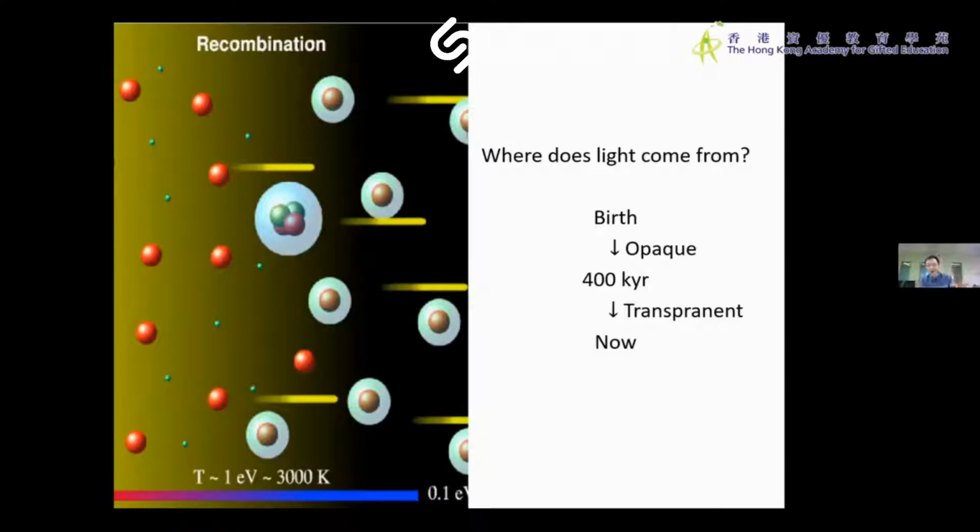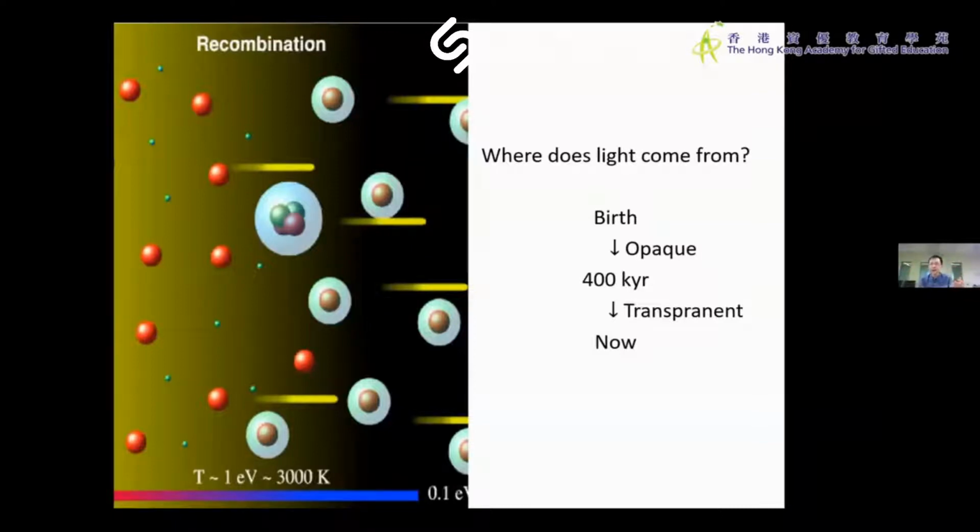In a plasma, the nuclei are flying around, and the electrons are flying around independently because of the high temperature. So the electrons cannot be combined into atoms around the nuclei. This was the very initial state of our universe.